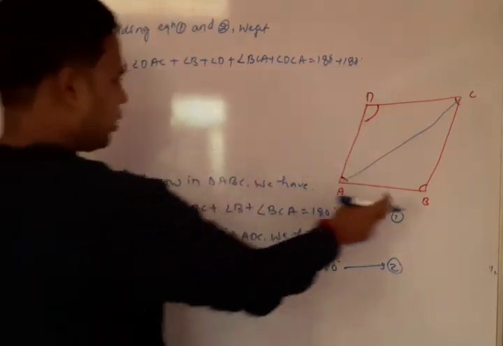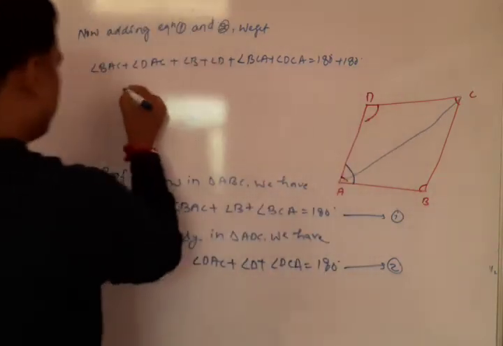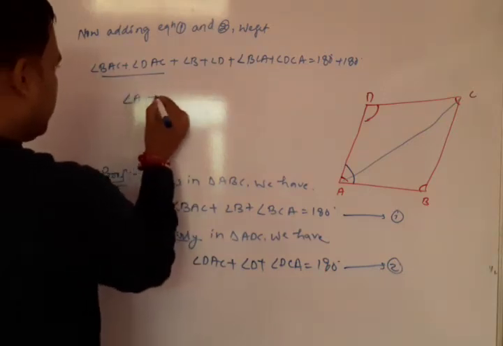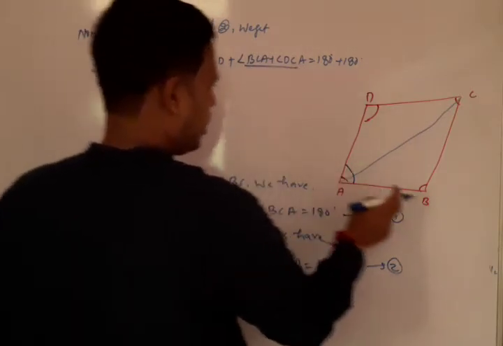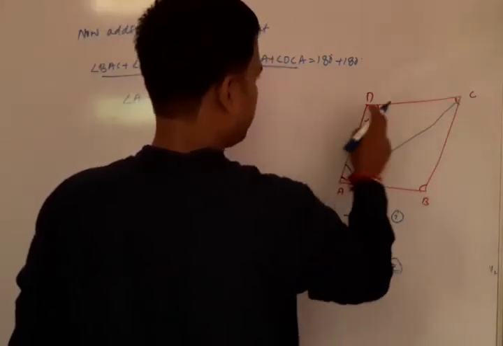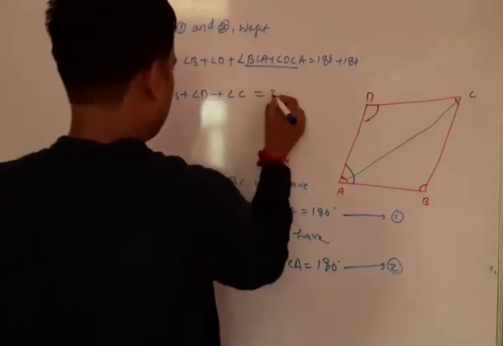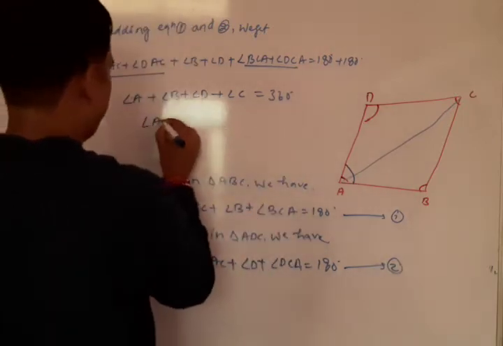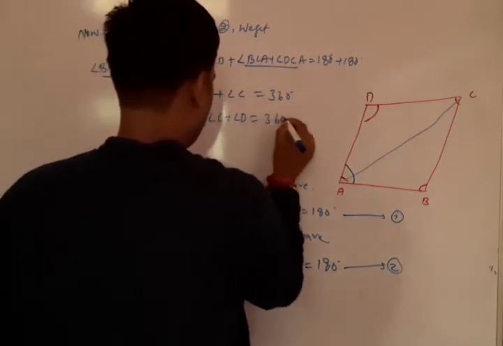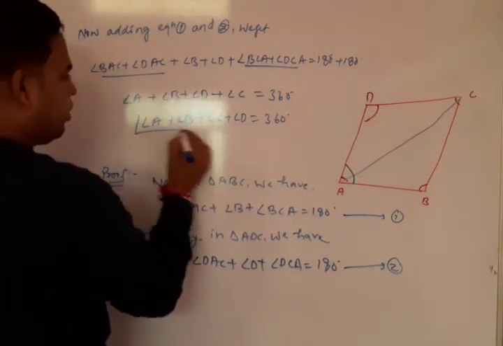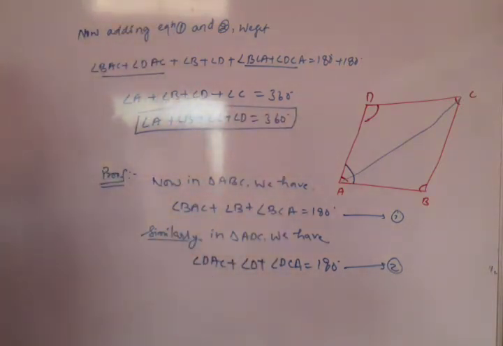So angle BAC and angle DAC, when you add, you get angle A. Angle B plus angle D, and the sum of angle BCA, this part, and DCA, this part, when you add, you get complete angle C, that is 360. Angle A plus angle B plus angle C plus angle D equals 360 degrees. What we have to prove? The sum of all four angles is 360. That we have proved.